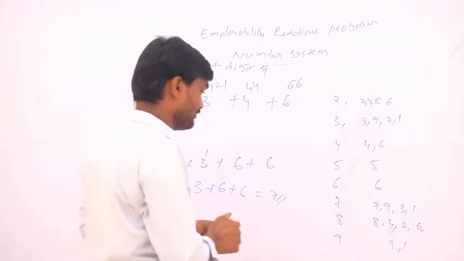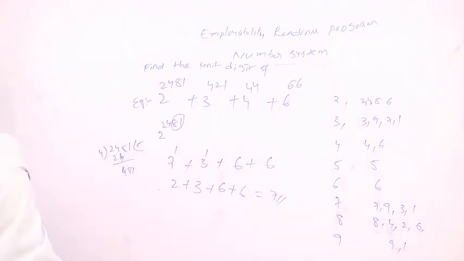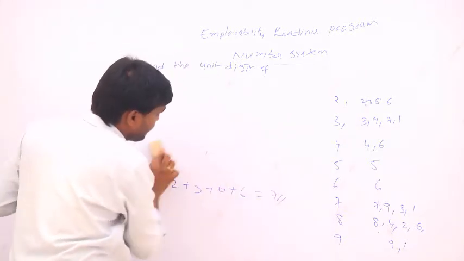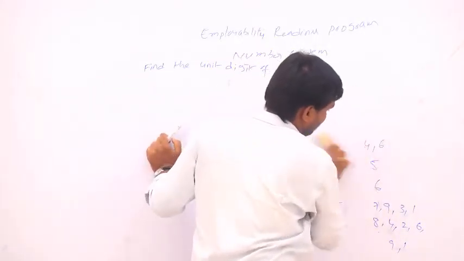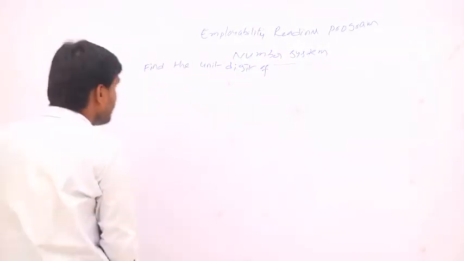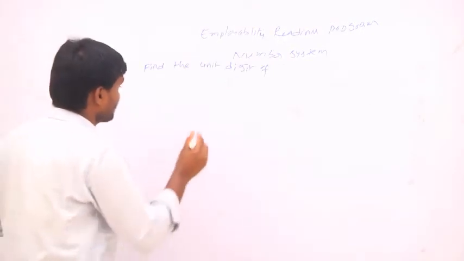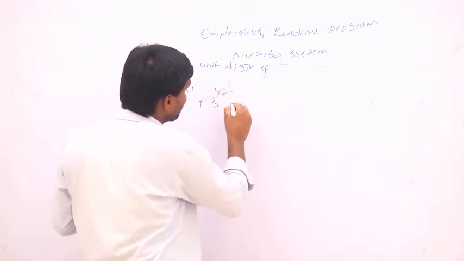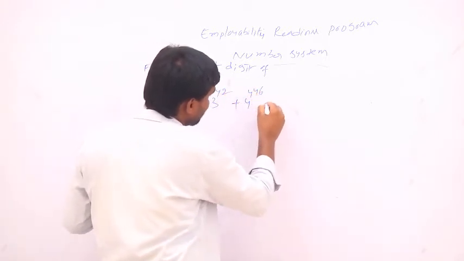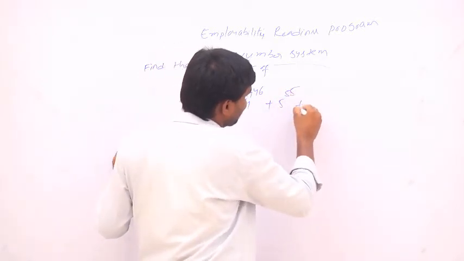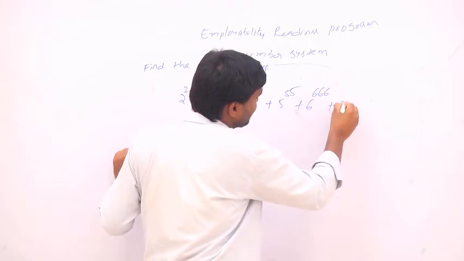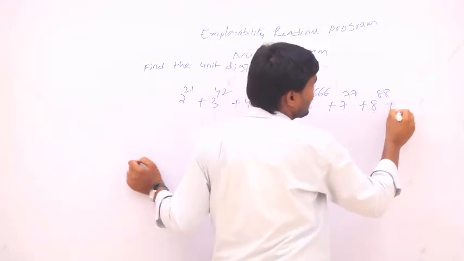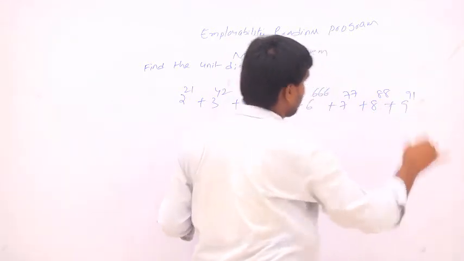Coming to another example. Suppose you are asking to find the unit digit of 2 power 21 plus 3 power 42 plus 4 power 446 plus 5 power 55 plus 6 power 666 plus 7 power 77 plus 8 power 88 plus 9 power 91.